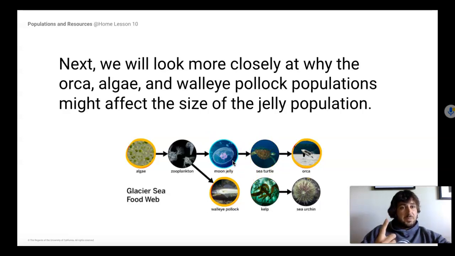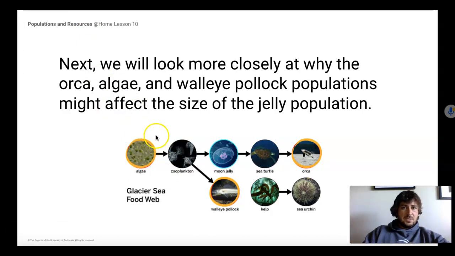Less predators, less death. But what could you do to the algae, the orca, and the walleye that might increase the moon jelly? So I want you to take a few seconds, maybe pause the video, and think to yourself, how could I increase the moon jelly by increasing these three populations?